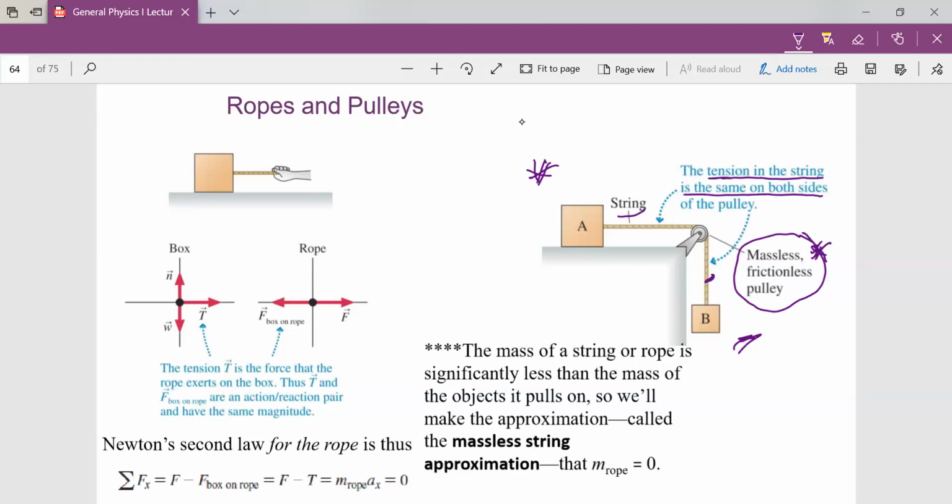Now, another thing we want to introduce is what we call the massless spring approximation. The reason for this is that we want to be able to apply Newton's second law to solving problems as it relates to tension on ropes and pulleys.